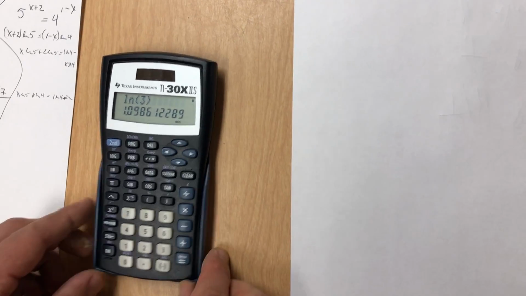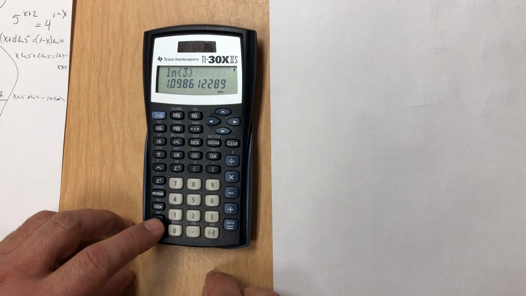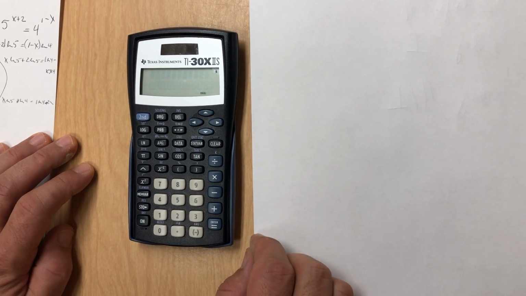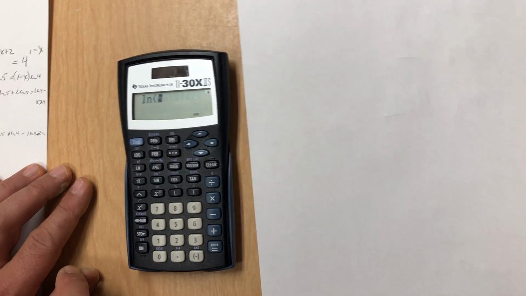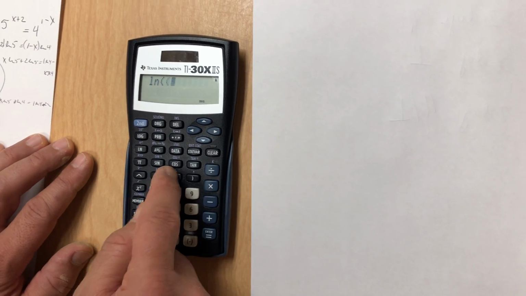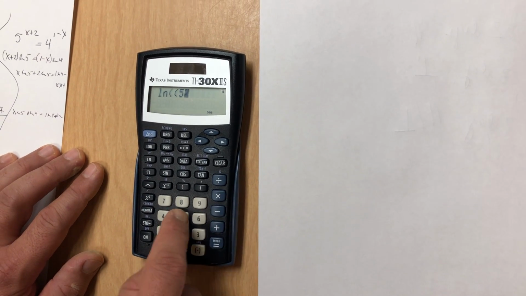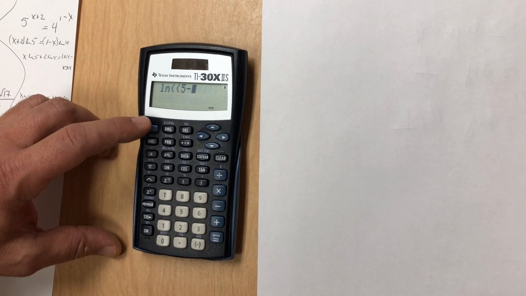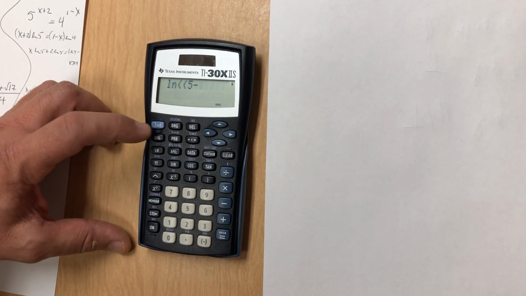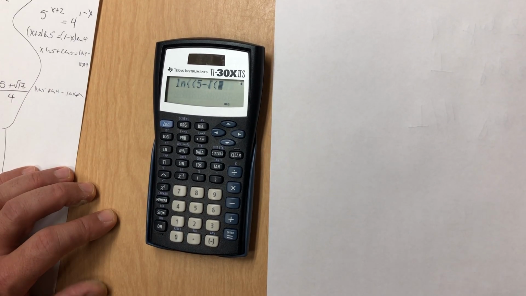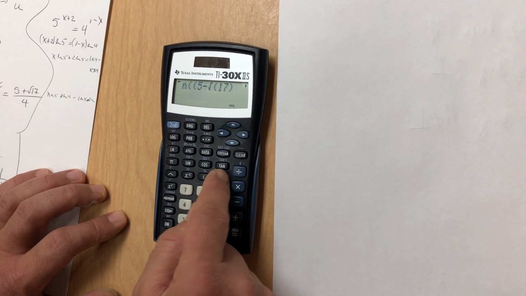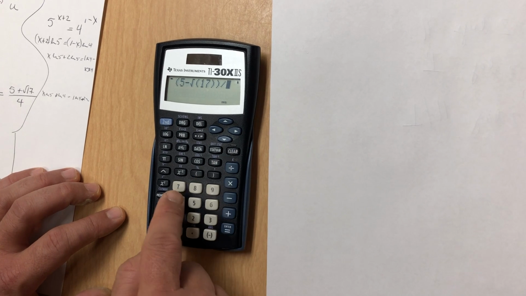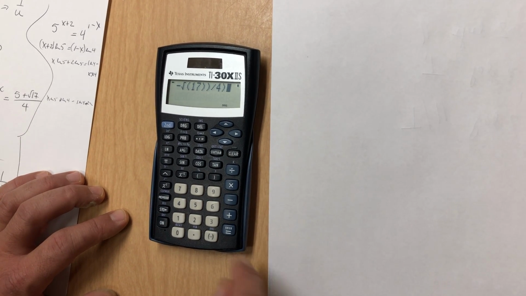Let me show you how to get that typed into your calculator. I'll do the minus one. So I have to do ln. It automatically gives me an open parentheses. I need another parentheses. And then I'm going to type in my 5 minus square root button 17, close for the top, divide by 4, that closes everything.